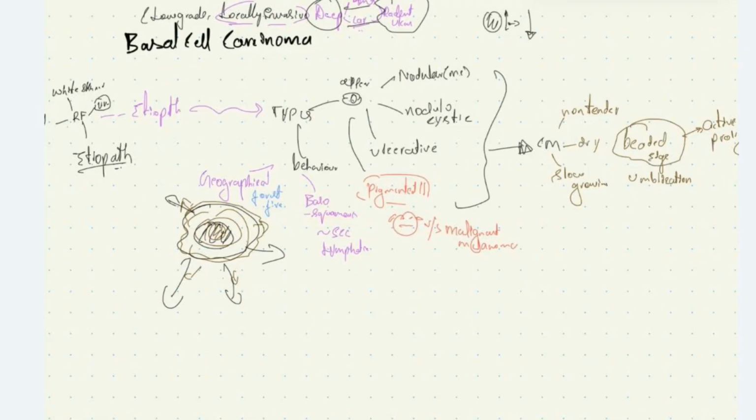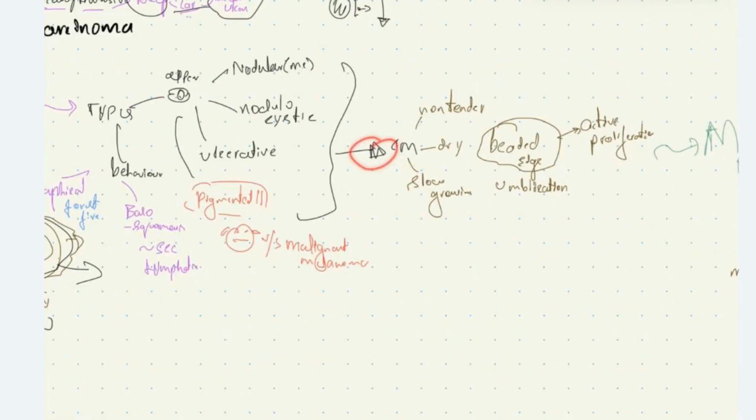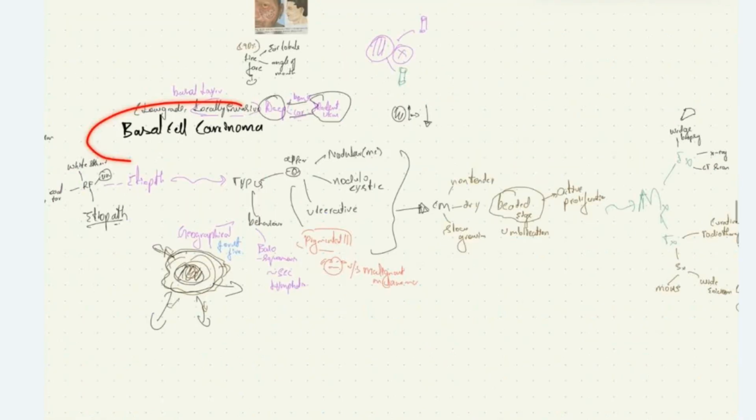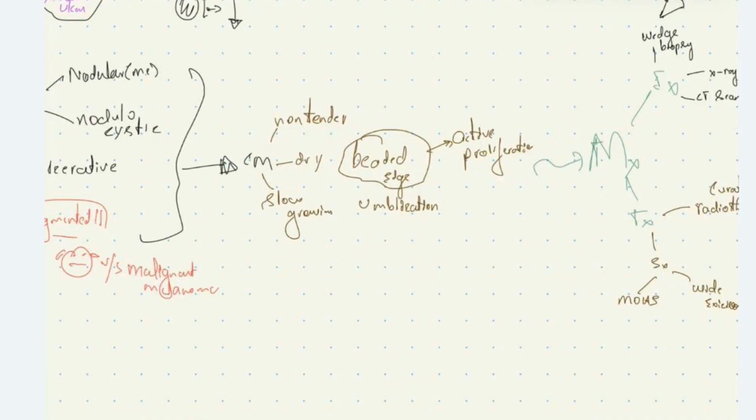Now, what are the clinical manifestations of the lesion that we see in basal cell carcinoma? The lesion will be non-tender, meaning the patient doesn't have pain on palpating the lesion. The lesion is dry and slow growing. Also, the edges of the lesion are beaded. The beaded edges of the lesion are the site of active proliferation.